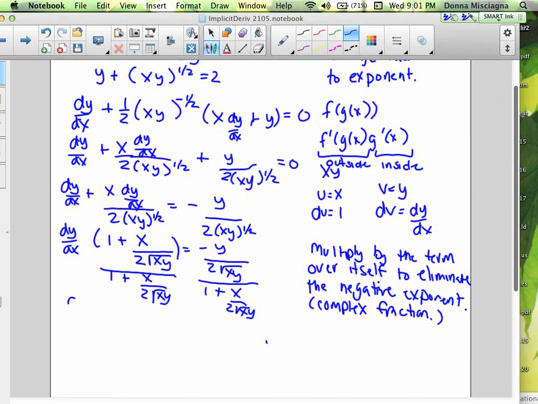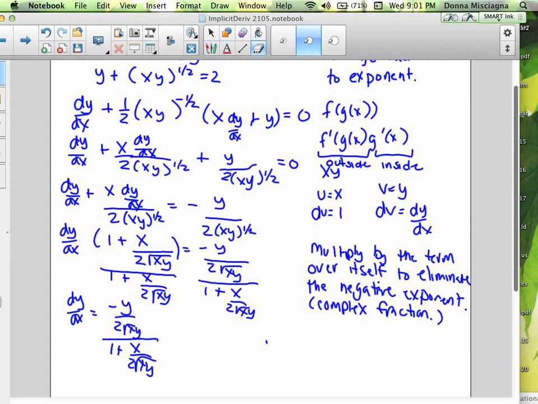But we've got dy/dx equals negative y over 2 square roots of xy, all over 1 plus x divided by 2 square roots of xy. So what do you think we're going to multiply everything by? If you said 2 square roots of xy, you're correct. And then it won't be a complex fraction anymore.